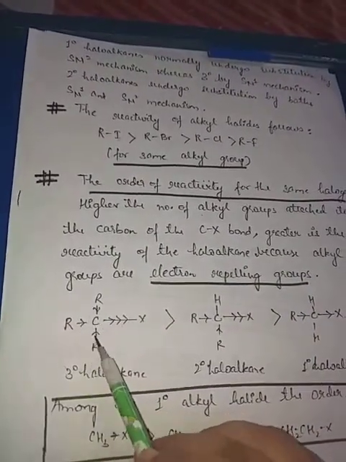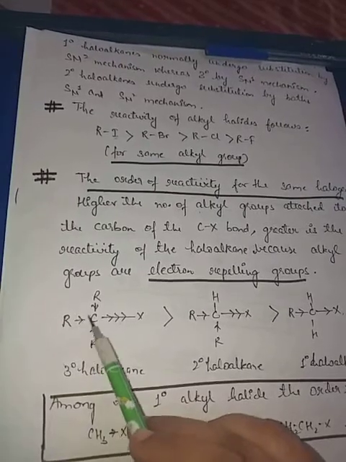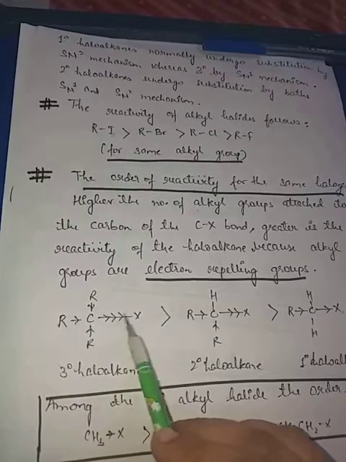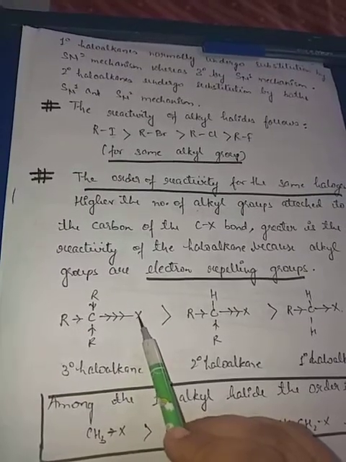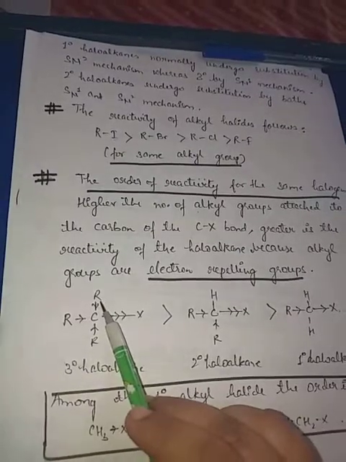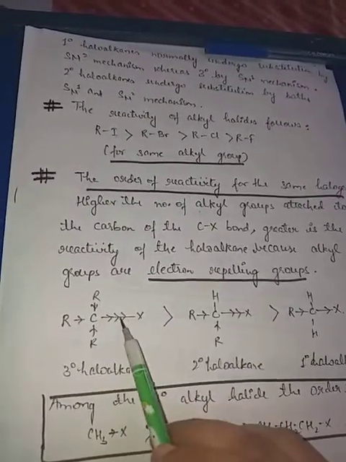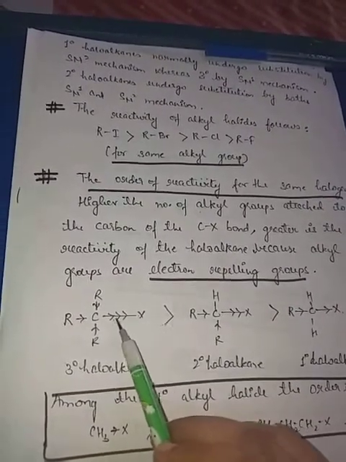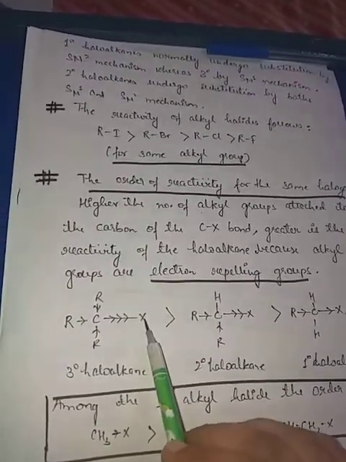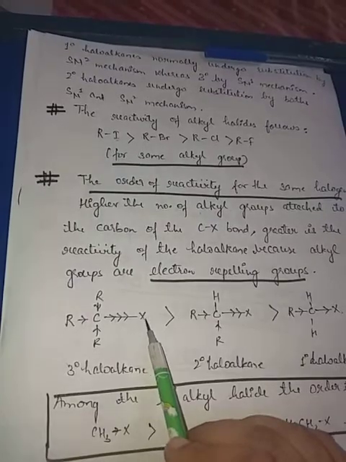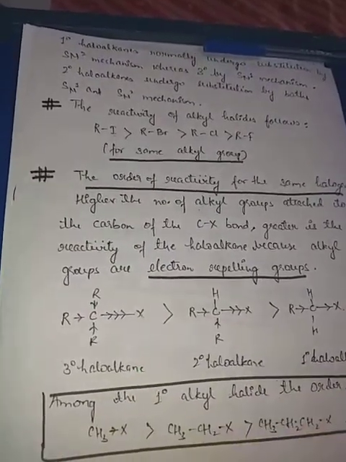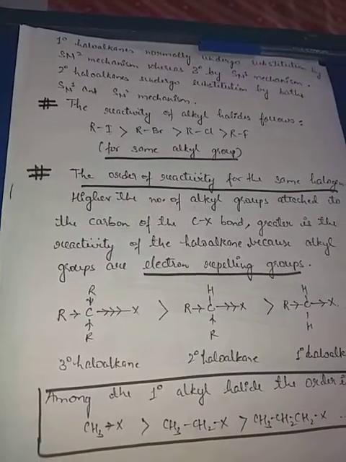These three groups will repel the electrons present here, and the halogen will attract the shared pair of electrons towards itself. So this halogen will be detached readily, and the more easily the halogen leaves this carbon, the more easily the nucleophile will attach itself here.